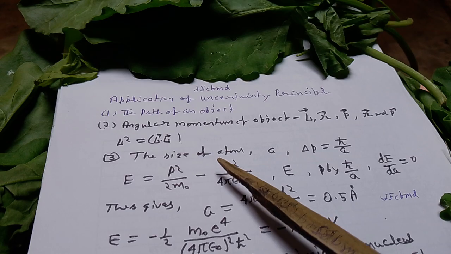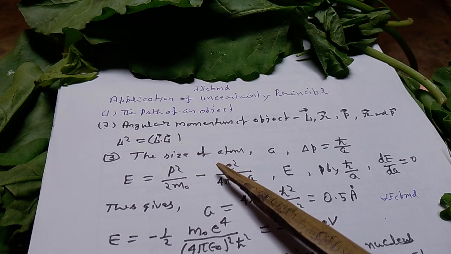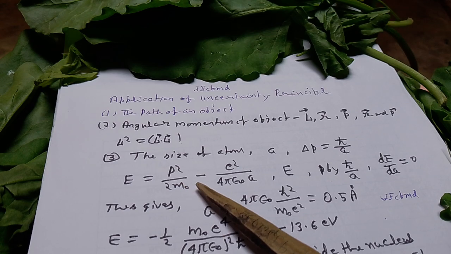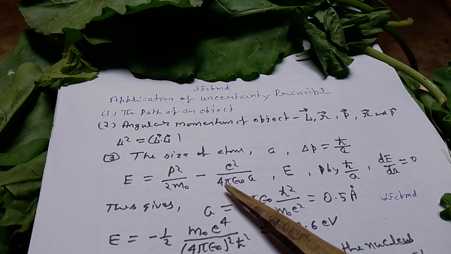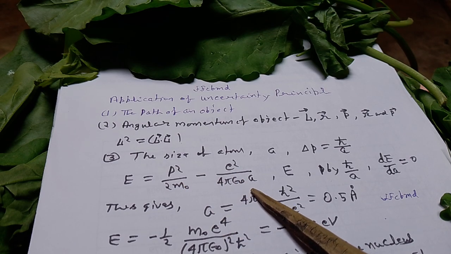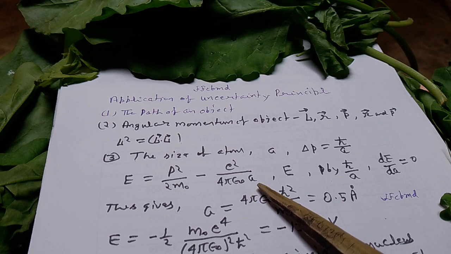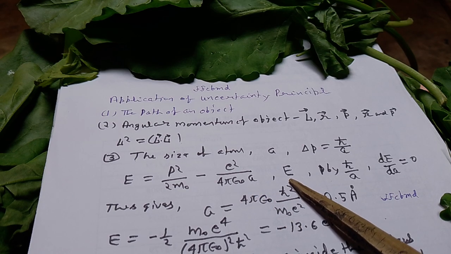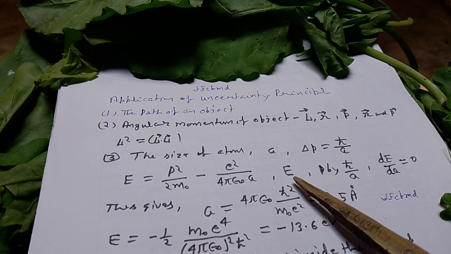The total non-relativistic energy of the electron is E equals P square by 2 m naught minus e square by 4 pi epsilon naught A. For a stable atom, E will be minimum.